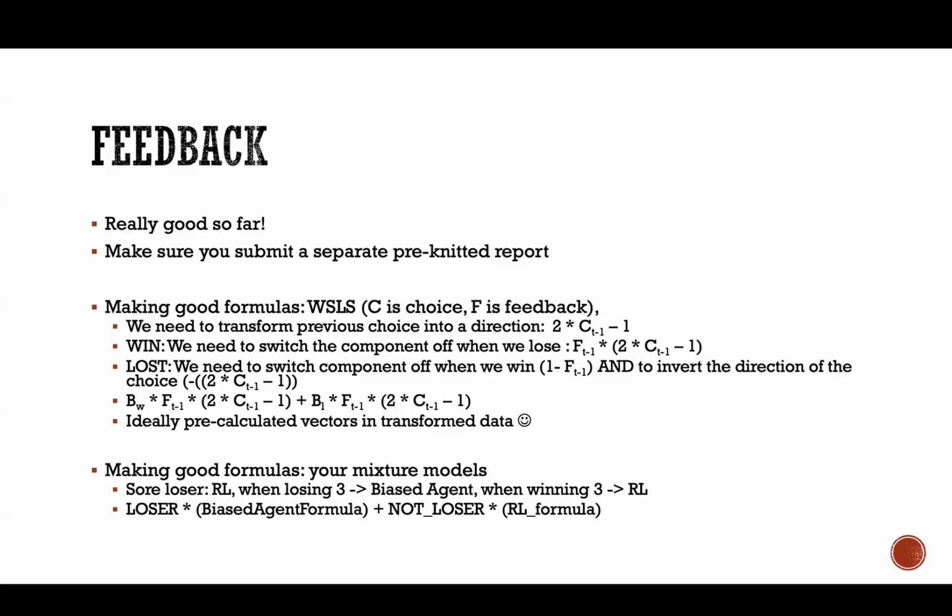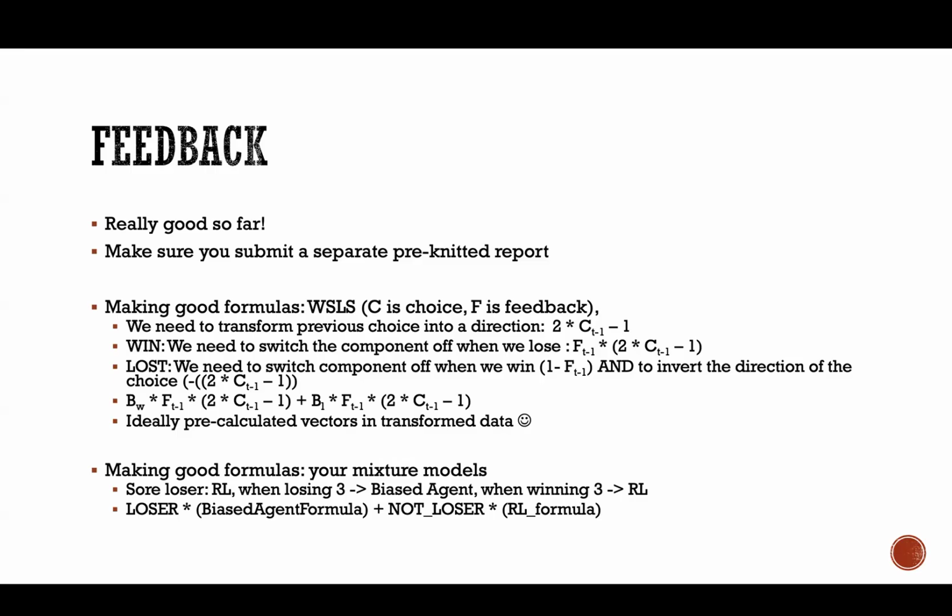It's a model that plays reinforcement learning, then loses 3 trials in a row, and it becomes the bias agent. And then as it plays, if it wins 3 in a row again, then it becomes a reinforcement learning agent again. So we could fit this model with a very complex mixture model, or we can try to do the same trick. Right?